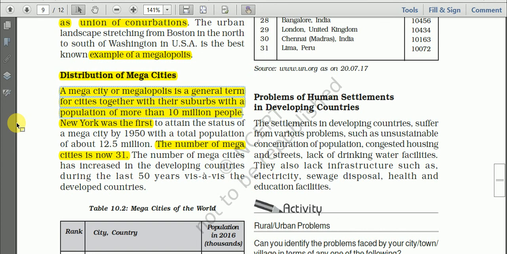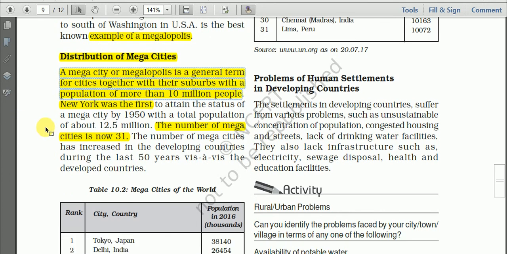And for example, as we have learned, the city which has reached this 10 million mark is New York.